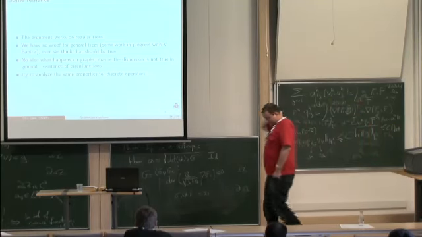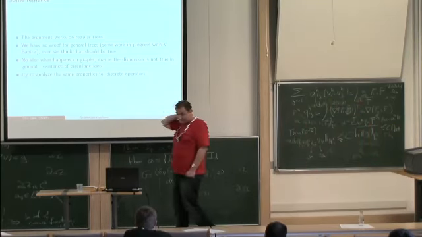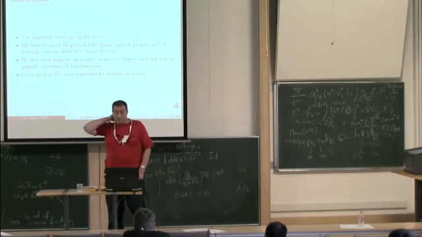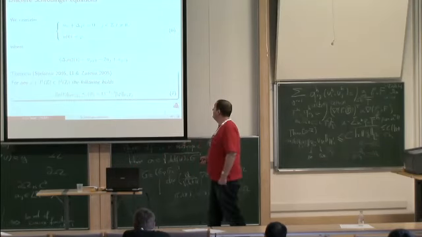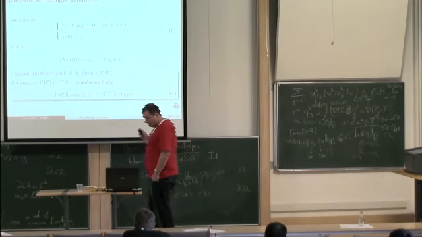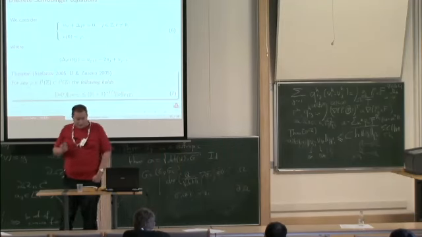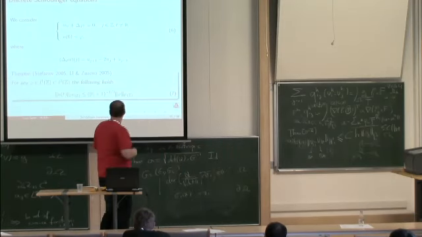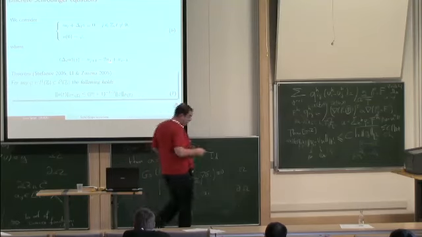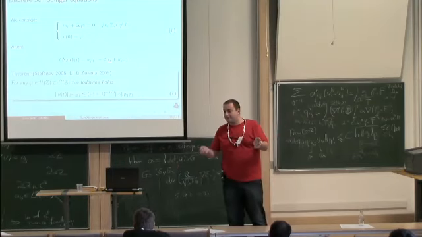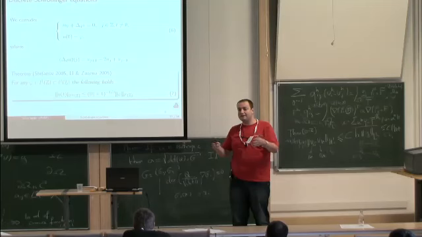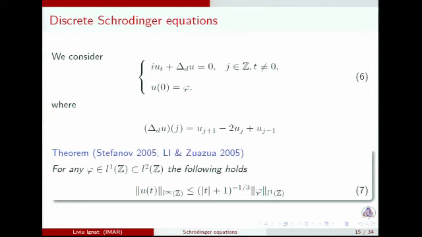And the following idea is to try to analyze such kind of properties for discrete operators. Now, what do we mean by discrete operators? I will not work with numerical approximations. In my case, this discrete Laplacian is nothing else than a numerical approximation of the second order derivative with h equal to 1.